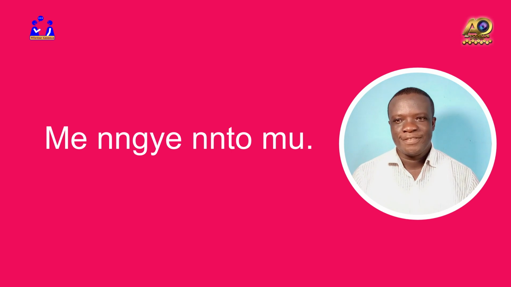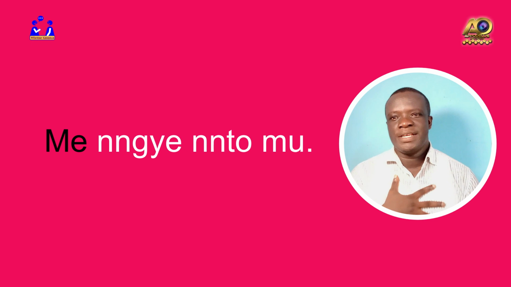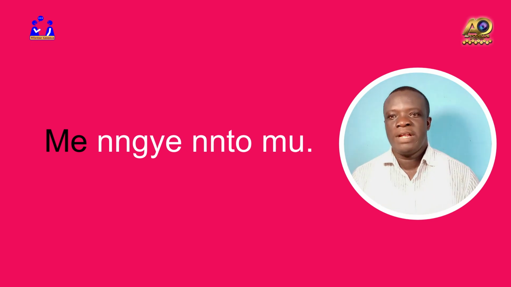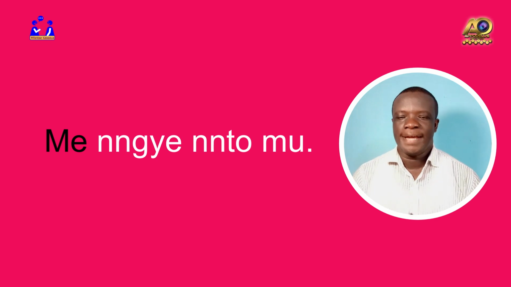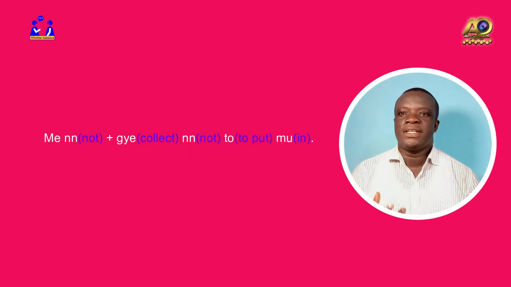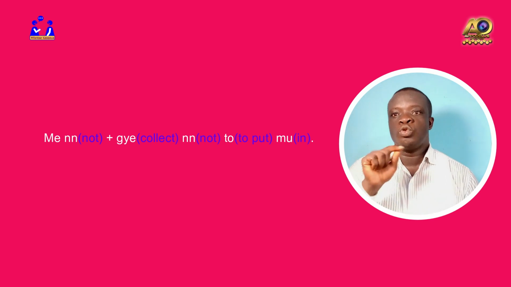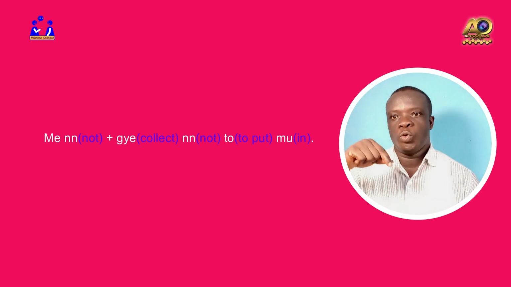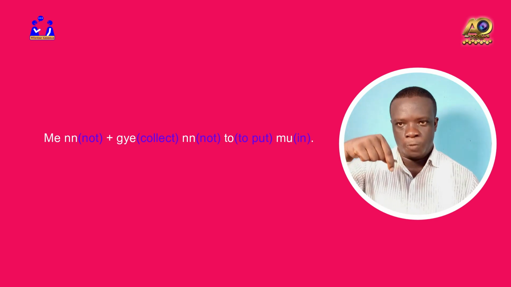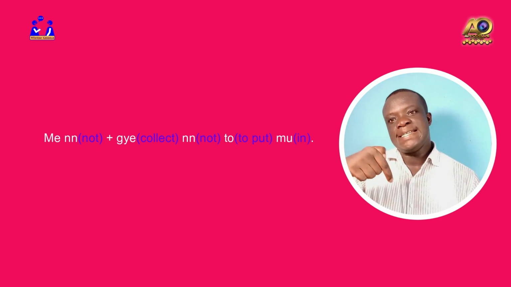Minjintum. Mi is referring to me, a pronoun referring to myself, right? Ji is collect, like we've already talked about. Ntum, tum means to put. Mu is in.